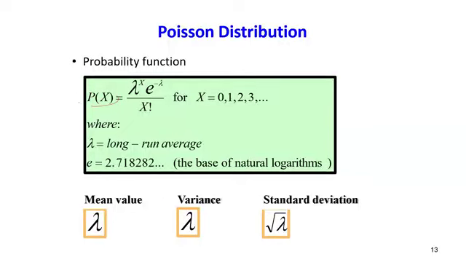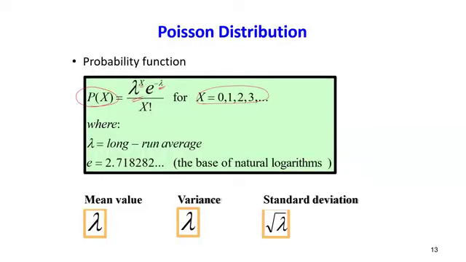To calculate the probability, we go with this particular equation, which is lambda raised to the power x. X can take any value depending on the scenario, and lambda is the rate of occurrence.